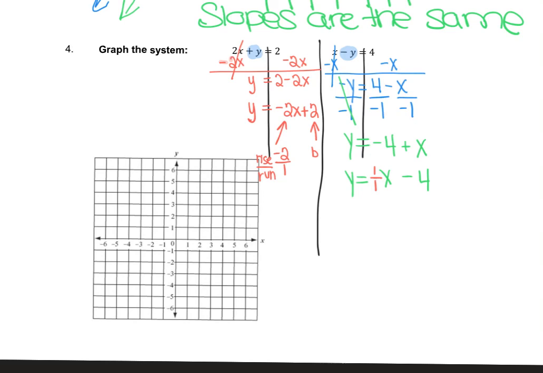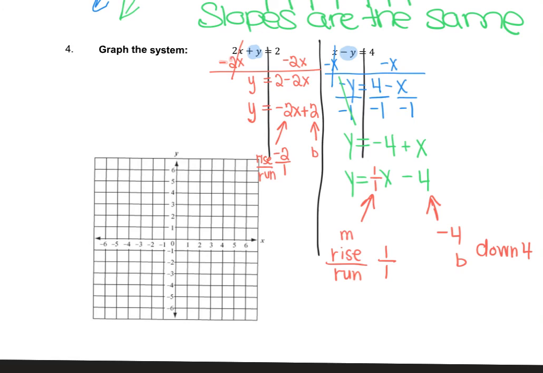So that's my m, that's my rise over run, and that's 1 over 1. And then -4 is my b, which really means I'm down 4. And now I'm ready to go. Now I'm ready to graph.